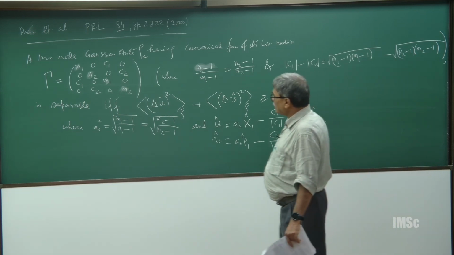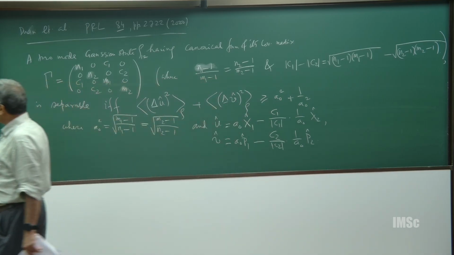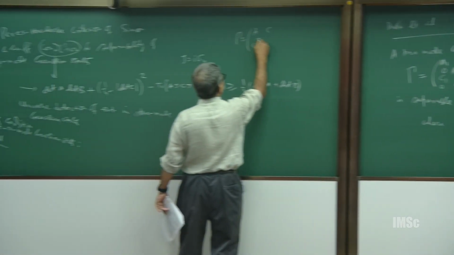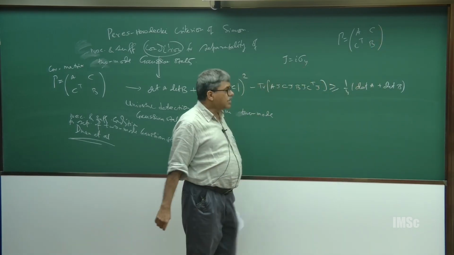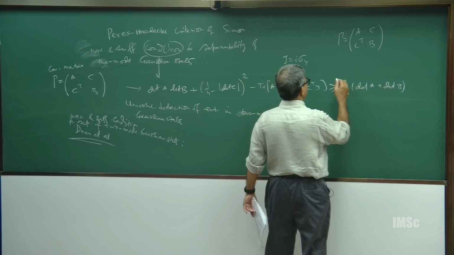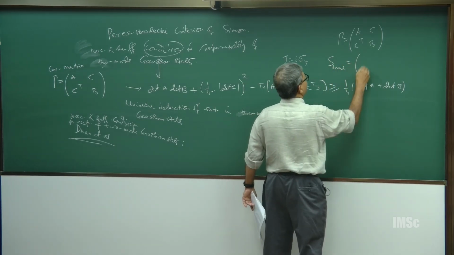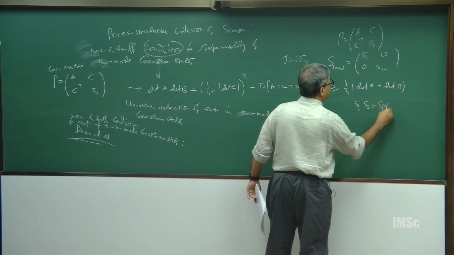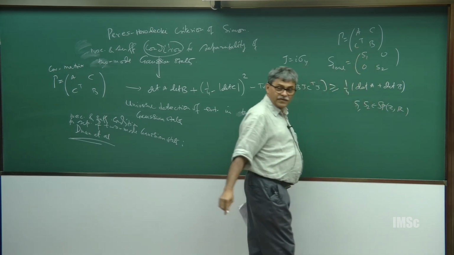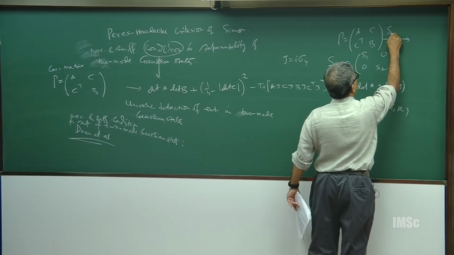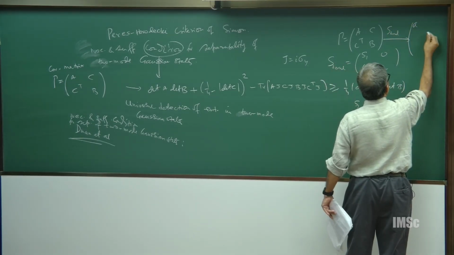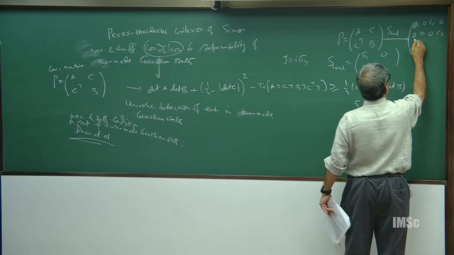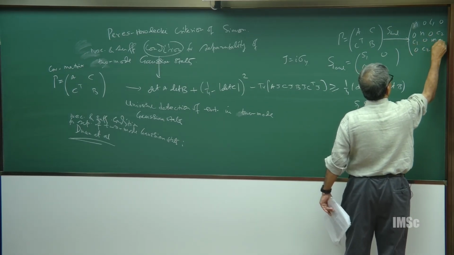So, I think I discussed in the last couple of classes that if you take this gamma, which is A C, C transpose B, the covariance matrix, by using local symplectic transformation, that means S local, which is S 1, 0, 0, S 2, where these S 1 and S 2 are elements of SP(2,R), you can always bring this to the form n 0 0 n, C 1 0 0 C 2, then C 1 0 0 C 2, m 0 0 m, right.